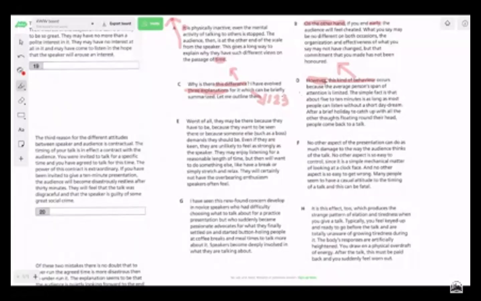D, "this kind of behavior occurs because the average person's span of attention is limited." So the topic here is span of attention, and we've got this 5 to 10 minutes. "Worst of all": I'm going to think there is some kind of bullet point list, and this would be the third one.